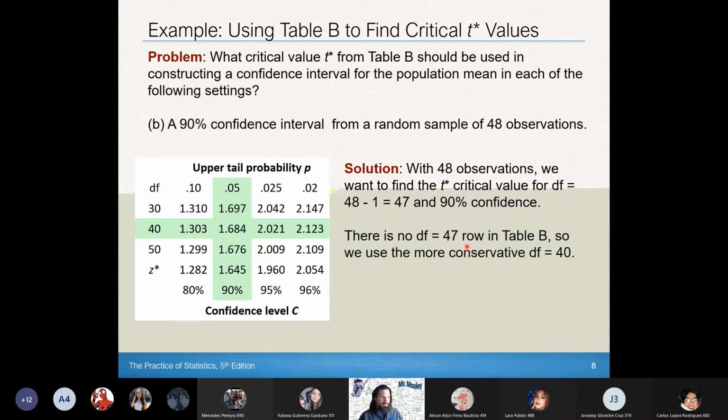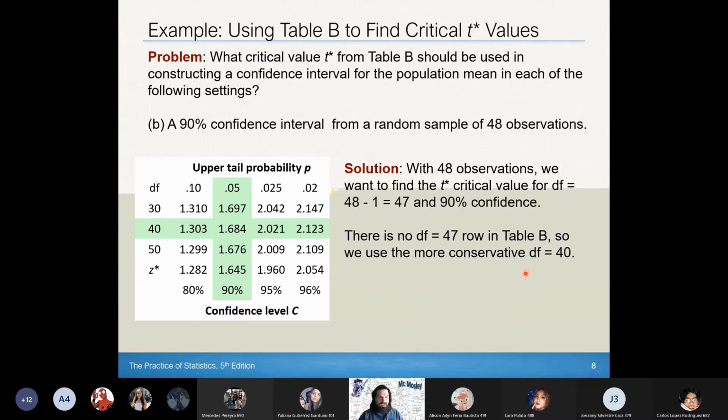There is no degree of freedom 47 row in table B, so we use the more conservative degree of freedom equals 40. As we can refer to, Price is Right rules, as close as you can get without going over. So that means I can't use 50 even though 50 is closer to 47, because 50 is greater than 47.